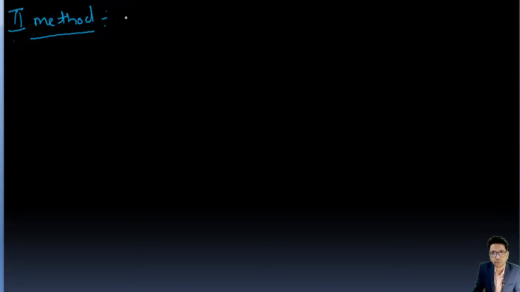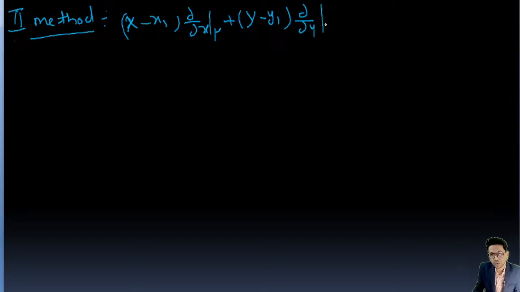We know the equation of the plane: x minus x1 del over del x at p plus y minus y1 del over del y at p plus z minus z1 del over del z at p equal to 0.